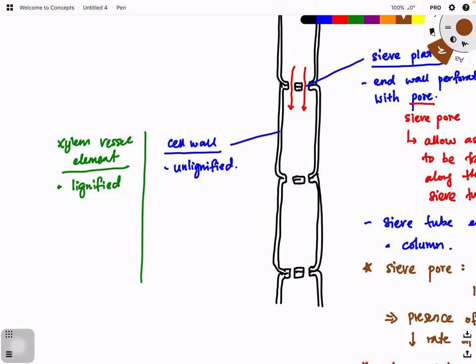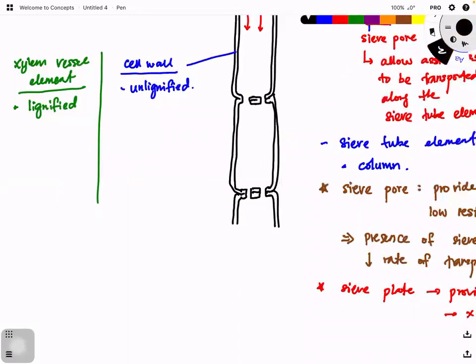Okay, now if you zoom into the cells, realize that they are living cells with a thin peripheral layer of cytoplasm, meaning at the side. I just draw for one cell.